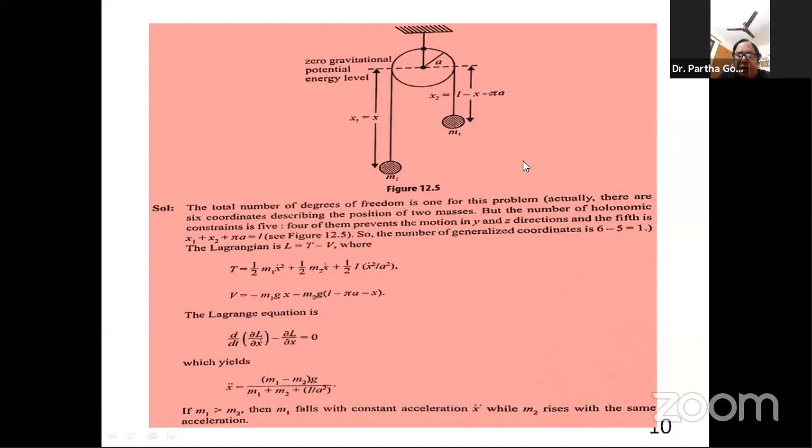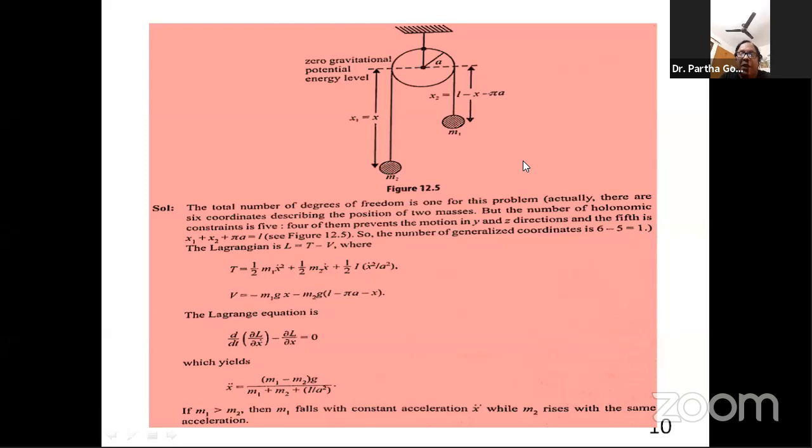Now, if the string does not slip over the pulley, in the groove of the pulley, then the linear velocity of the pulley corresponding to the angular velocity, which is omega a, and the velocity of the string x dot should be equal. Is the explanation clear? Yes, sir.